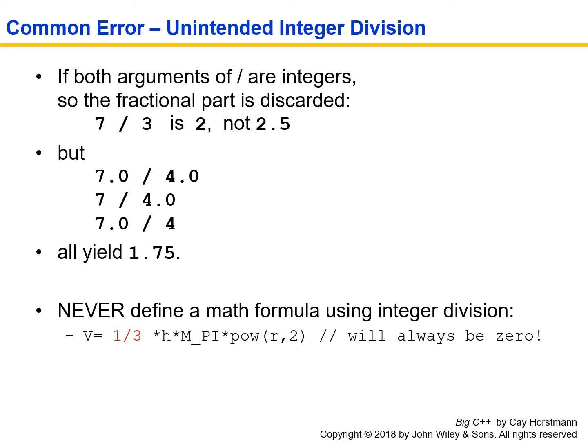So the volume of your cone will always be 0 no matter what you put in for r or h. The better thing to do is to multiply by 0.33 or take 1.0 divided by 3.0, which is probably the best thing to do.